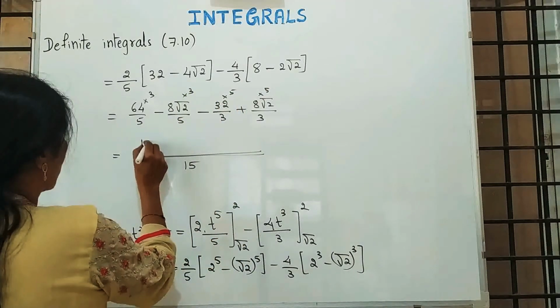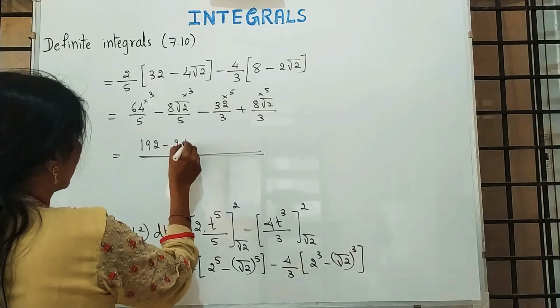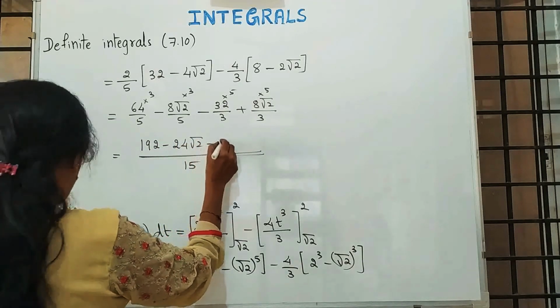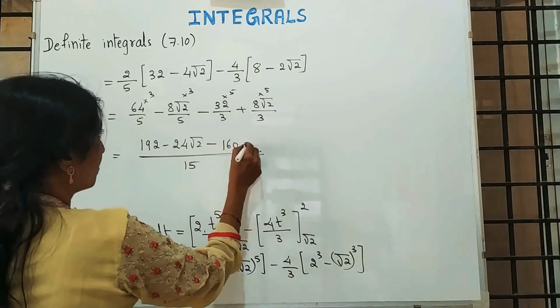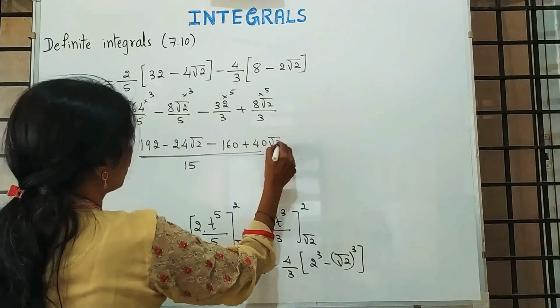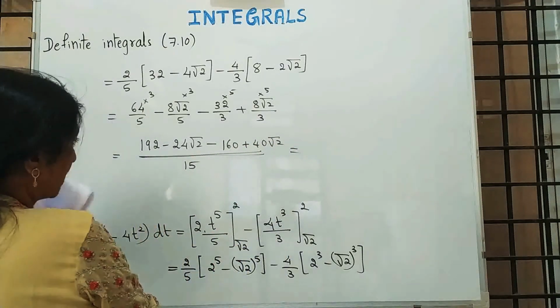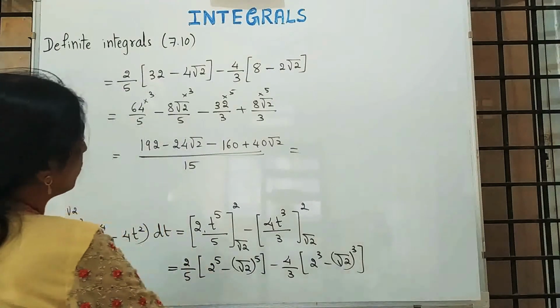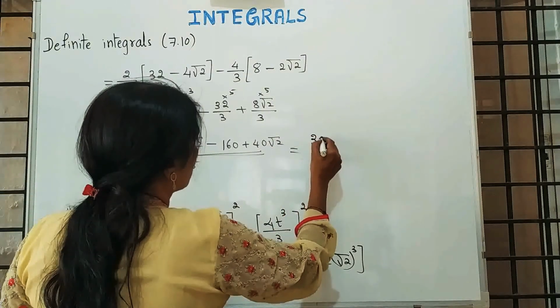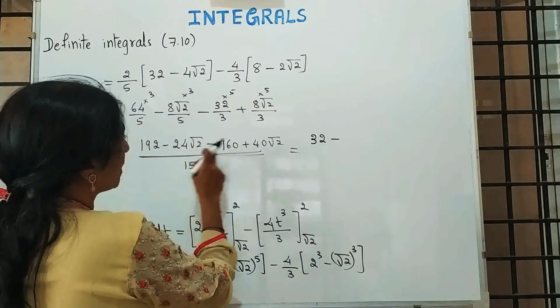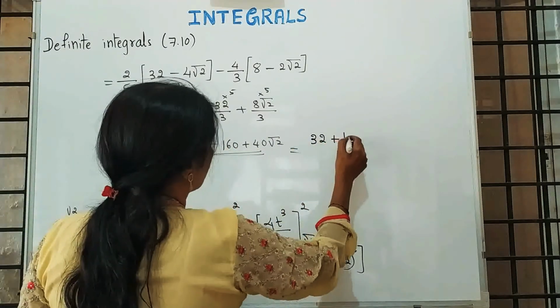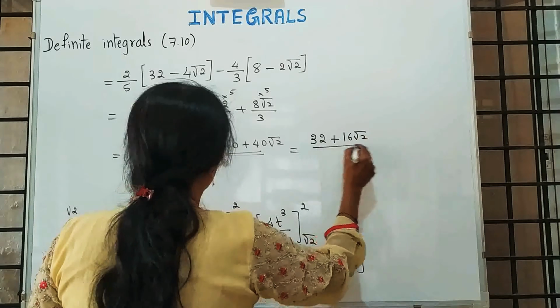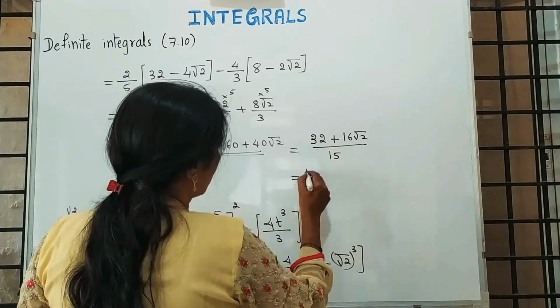Now it is 192 minus 24 root 2 minus 160 plus 40 root 2. Now 192 minus 160, that is 32. 32 minus 24 plus 40, that is plus 16 root 2 upon 15. If you want, you can take 16 common.